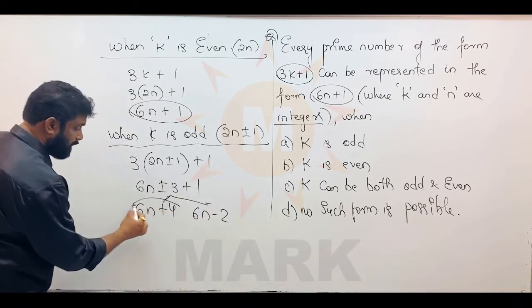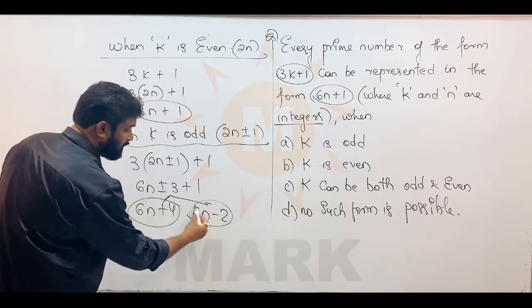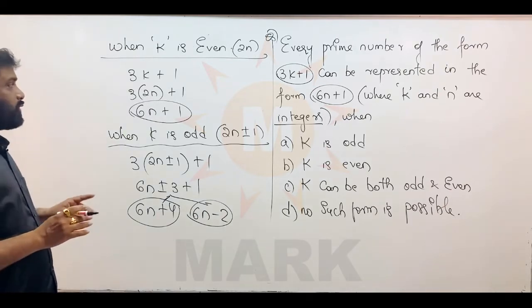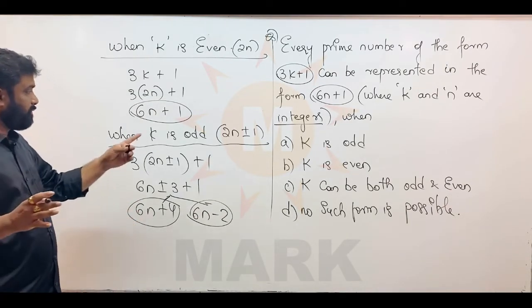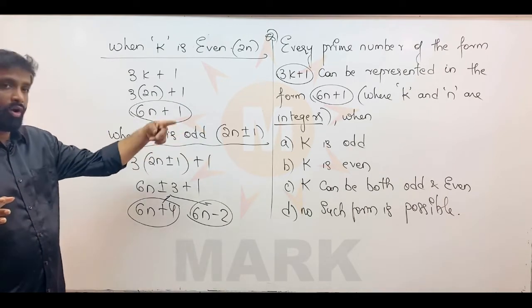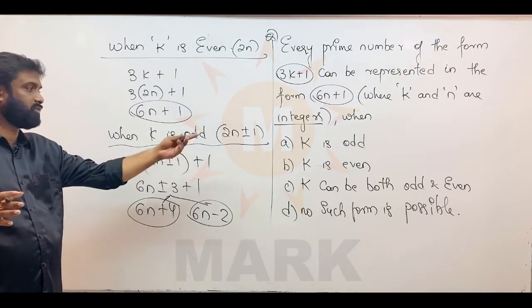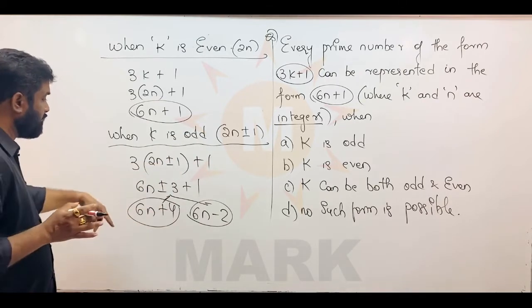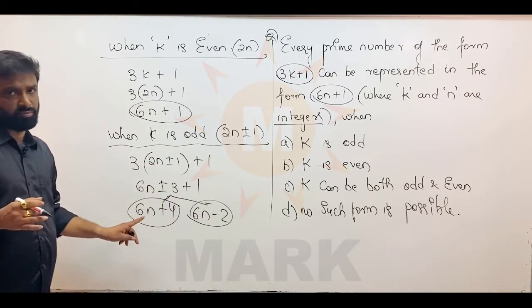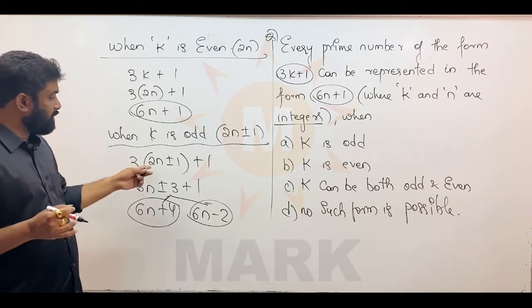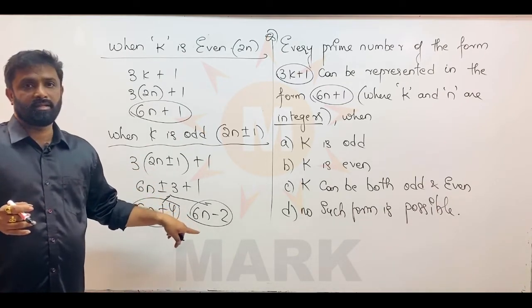So in one form I am getting 6n plus 4, in the other form I am getting 6n minus 2. In any case I am not getting the form 6n plus 1. I have taken both forms: with 2n plus 1, I get 6n plus 4, and with 2n minus 1, I get 6n minus 2.